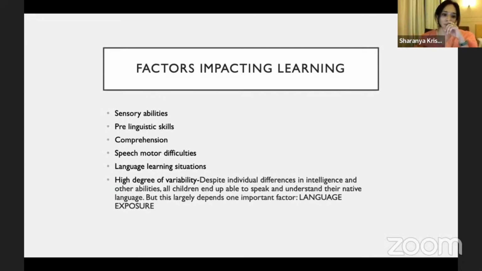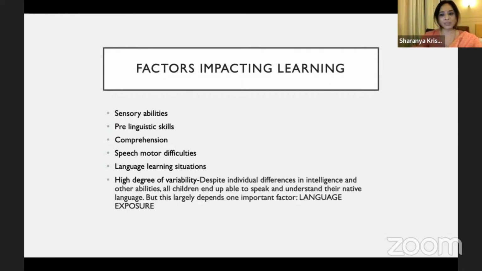So speech motor difficulties is the next factor, and language learning situations. Now let me tell you that there is a high degree of variability when it comes to this factor, because despite individual differences in intelligence and other abilities, in general, children end up learning to speak and understand their native language.